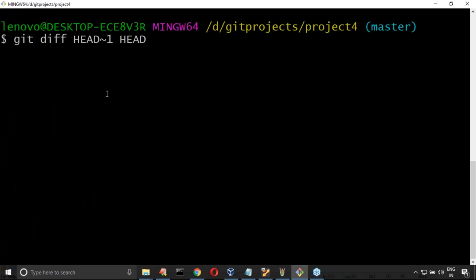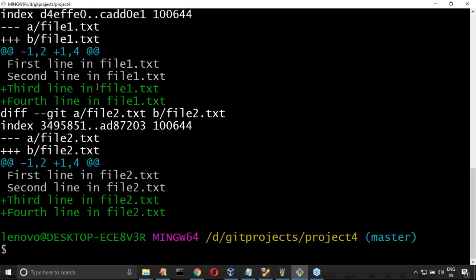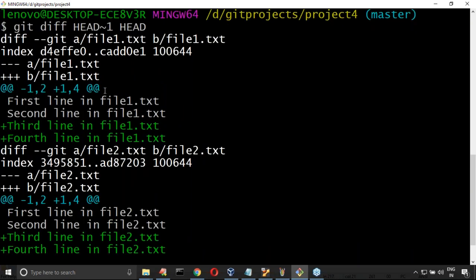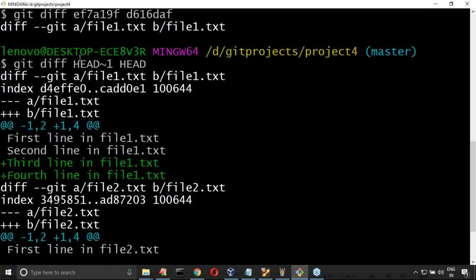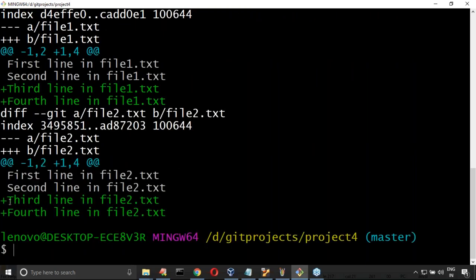Here just have a look once. Can you please observe? Getting the same output or not? This is HEAD~1. HEAD~1 means the first commit. HEAD means the last commit. When compared with the first commit, in the last commit 2 lines are added in file1.txt. Next 2 lines are added in file2.txt.